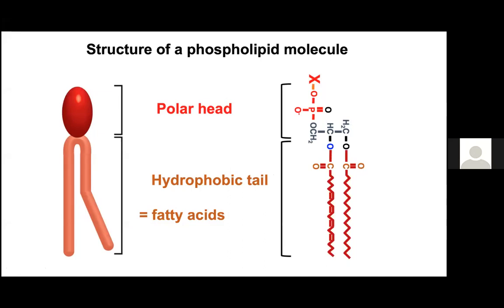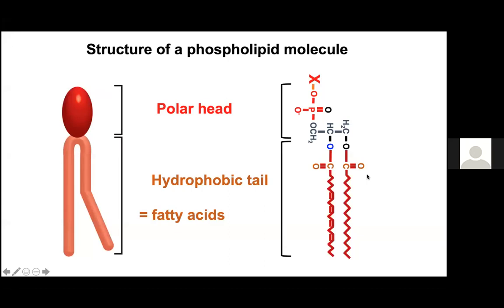If we look more closely at the structure of glycerophospholipids, we can see that the majority of glycerophospholipids in the cells are composed of a polar head with a phosphate group attached to the alcoholic substances as shown here, and two fatty acids.